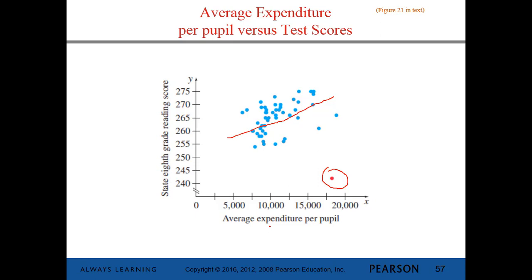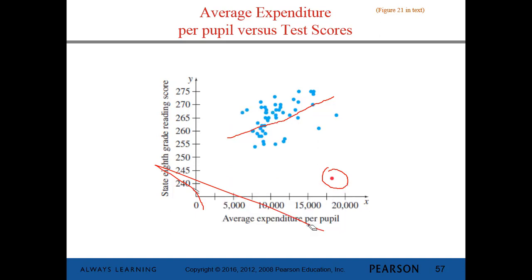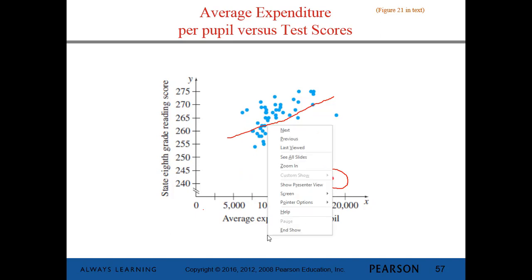And we see that there seems to be a positive linear correlation between how much money the state spends on their kids per student on average, and their reading scores, how well they read.